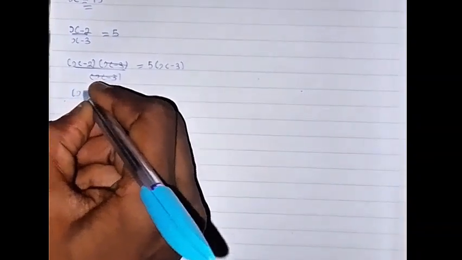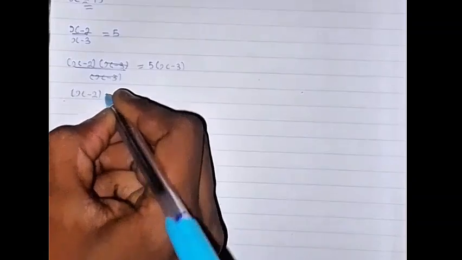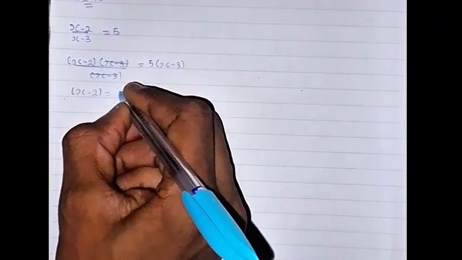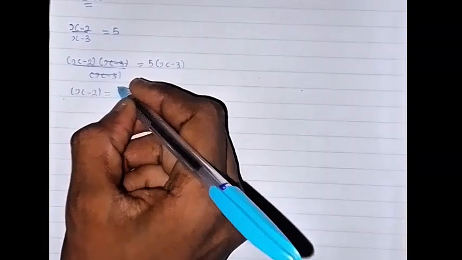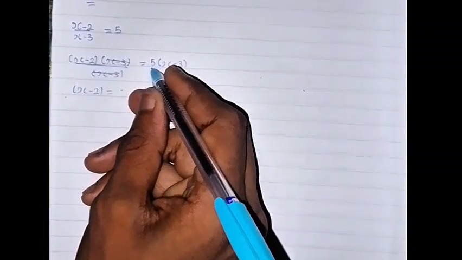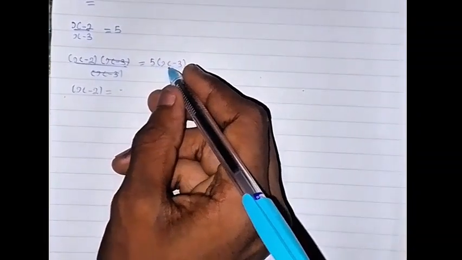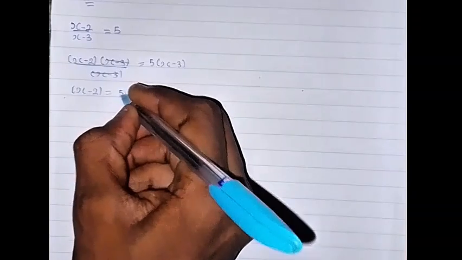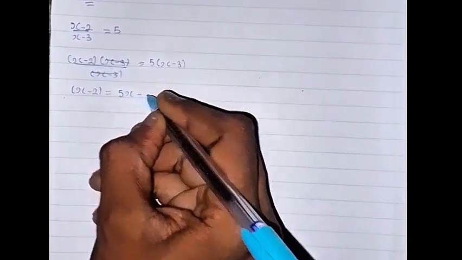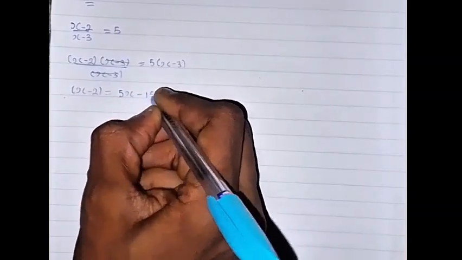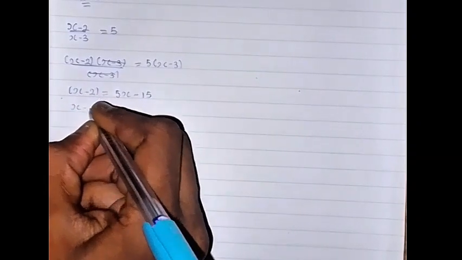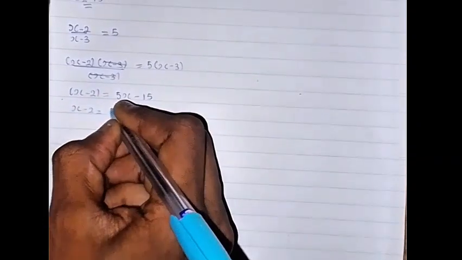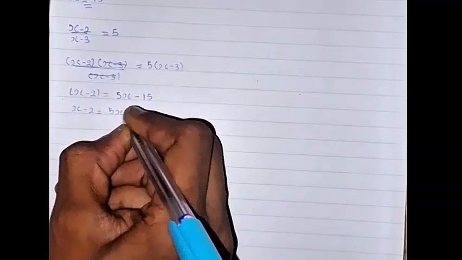So we have x minus 2 becomes 5 times x minus 3. We can use the FOIL method to open the bracket, meaning 5 multiplied by x, minus 3 multiplied by 5. That becomes 5x, minus 3 multiplied by 5 will give us 15. Now, opening this, we have x minus 2 is equal to 5x minus 15.